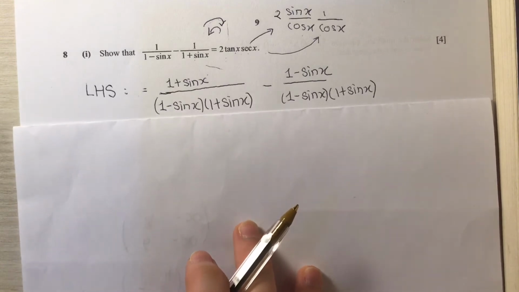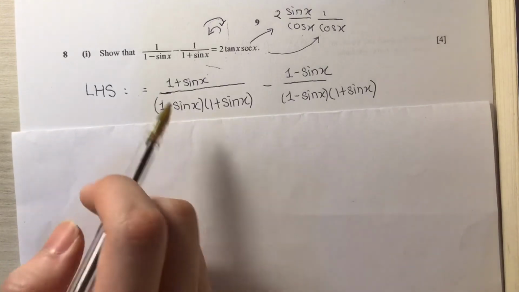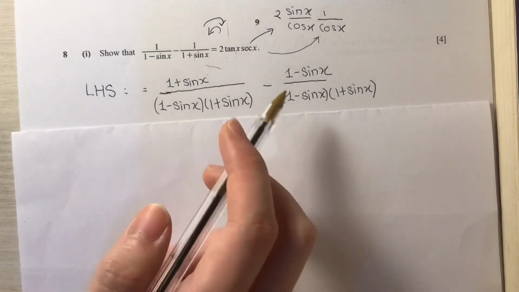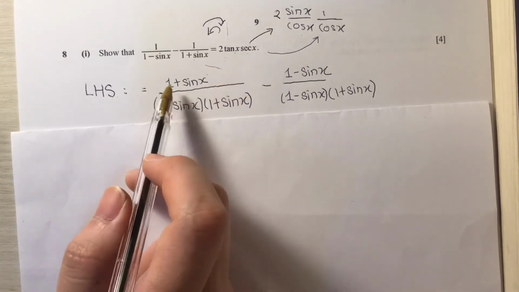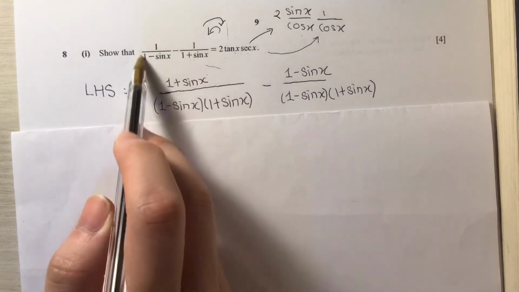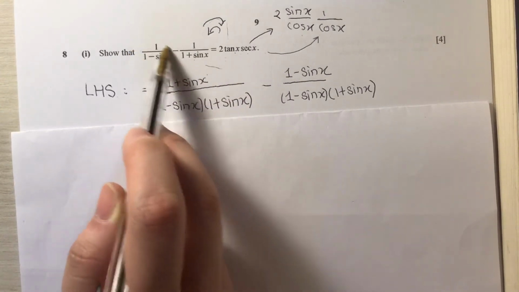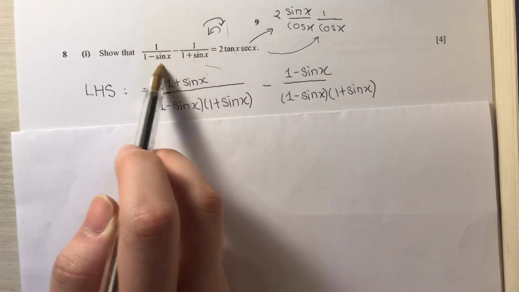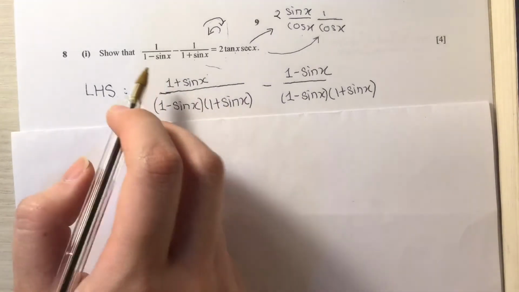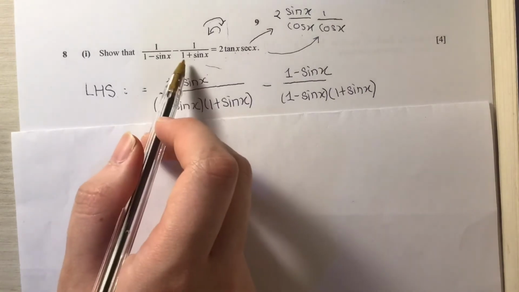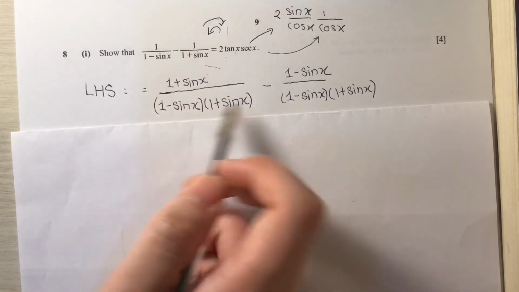So in this case here, I chose to go from the left hand side to the right hand side. Usually I choose the side which involves more expressions, so it's easier for me to manipulate. All I did is make them have the same denominator.